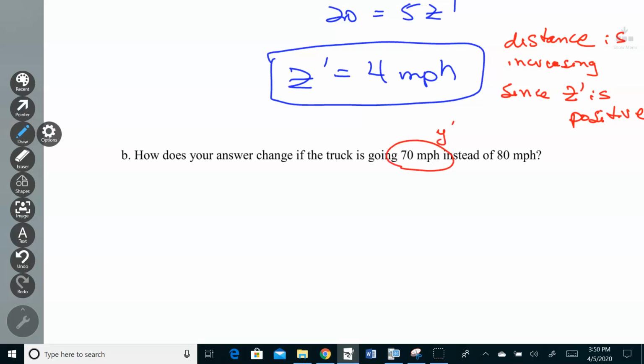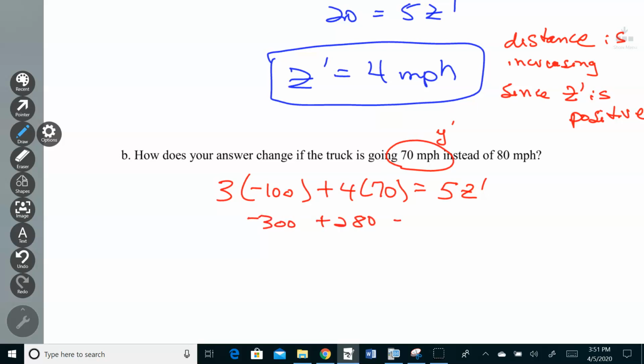Now what happens if we change this up a little bit, and I'm going to make y prime 70 instead of 80. So I'm going to still have 3 times negative 100 plus 4 times 70 is equal to 5z prime. So I get negative 300 plus 280 equals 5z prime.